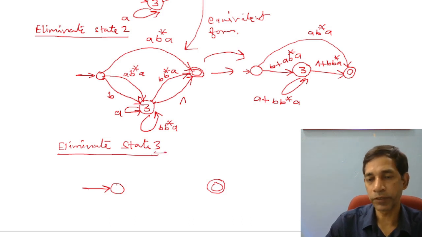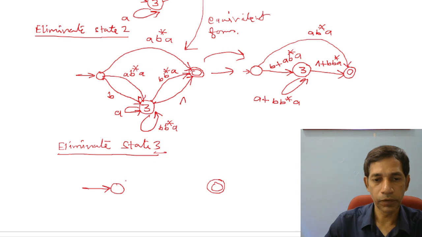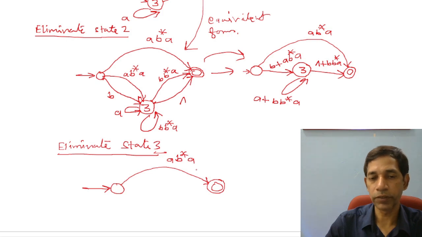We already have one edge from the initial to the final state with the label A B star A. This is the regular expression.